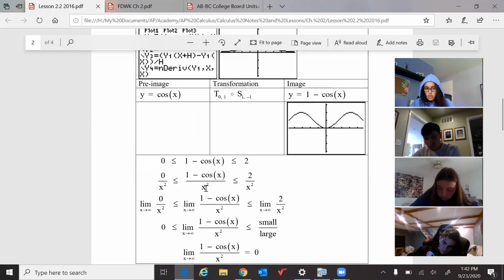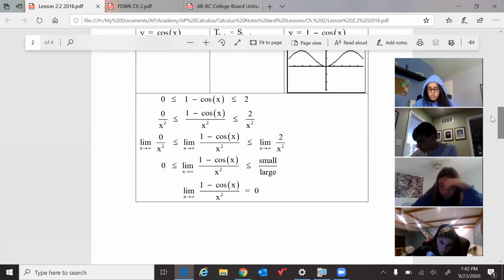If you divide everything through by x squared, then on the left, it's 0 divided by x squared. How is that behaving as x goes to infinity? You have 0 in the numerator, so that's equal to 0. On the right, you don't have 0 in the numerator, you have 2. That's small over large because you have a constant and the denominator is growing.